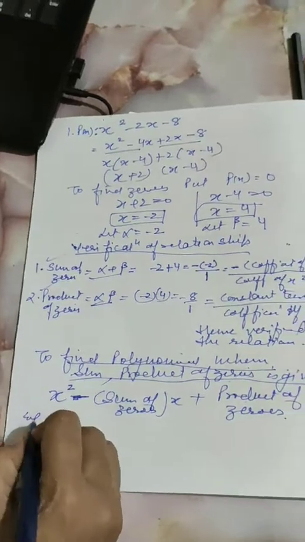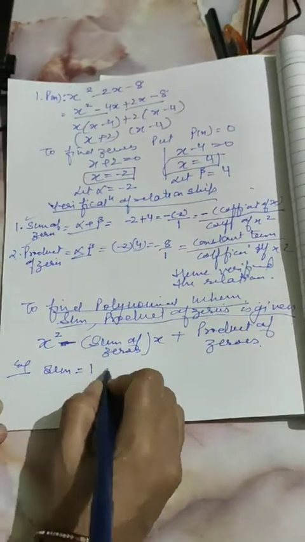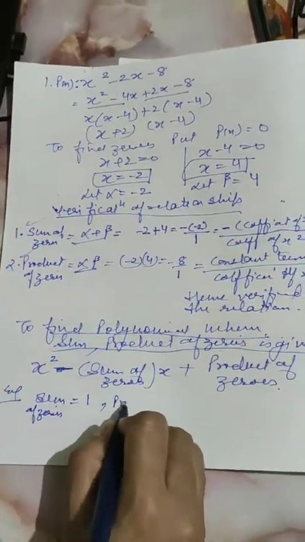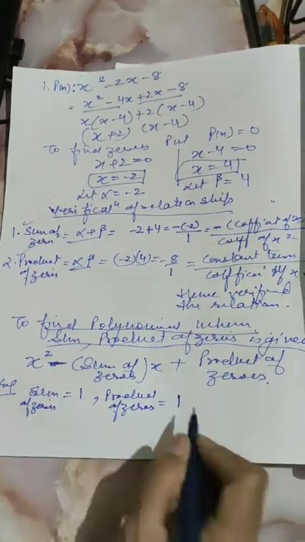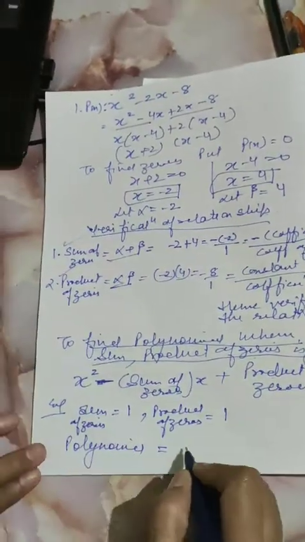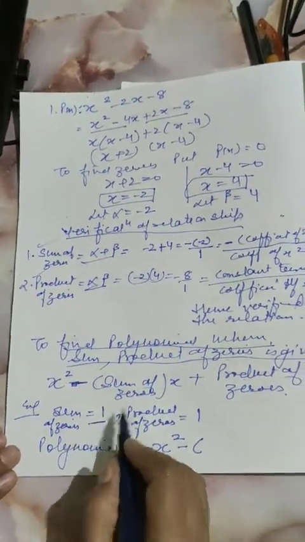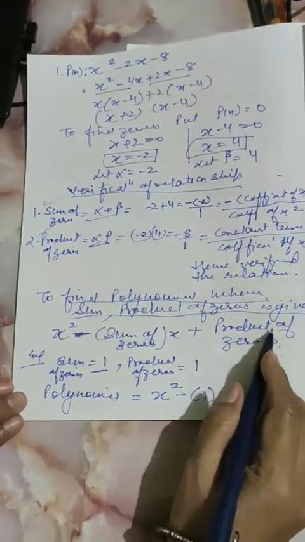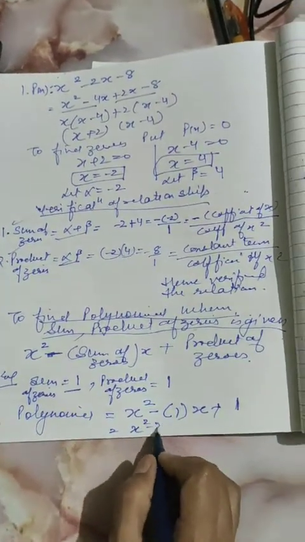I take an example. Let me find the polynomial if I am given the sum of zeros 1 and product of zeros 1. So the polynomial will be x square minus, what is the sum? Sum we have to take, it's 1, plus product. So what is the product? 1. So it will be x square minus x plus 1.